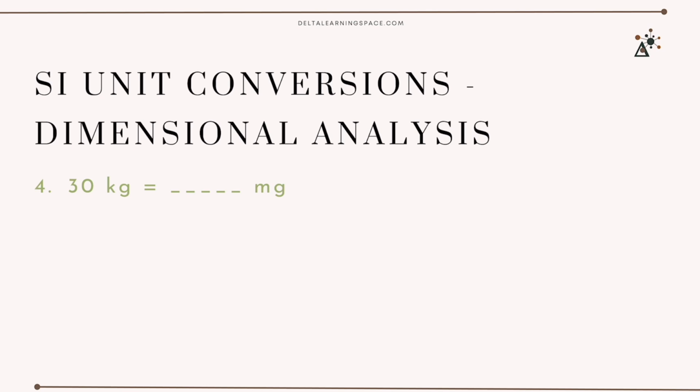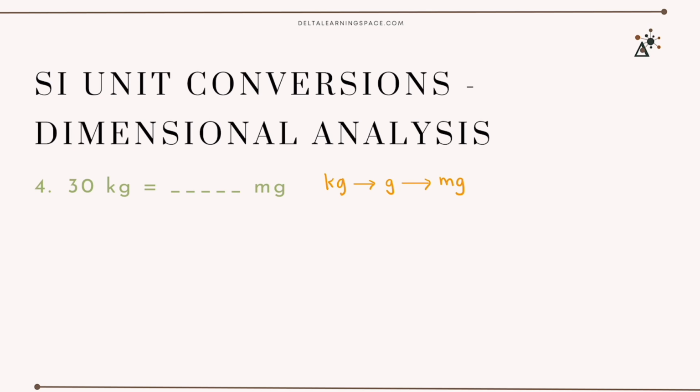Let's take a look at dimensional analysis in action by taking another look at converting 30 kilograms to milligrams. To complete this problem, we are going to use the following pathway. We are going to go from kg to g and g to mg. And pathways can be helpful when doing multiple conversions or when just solving different problems.